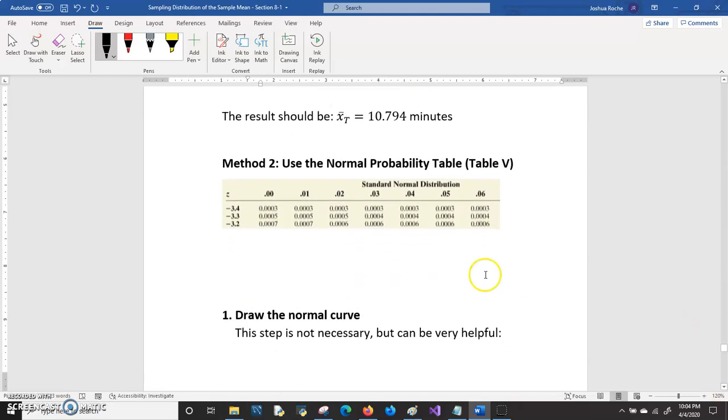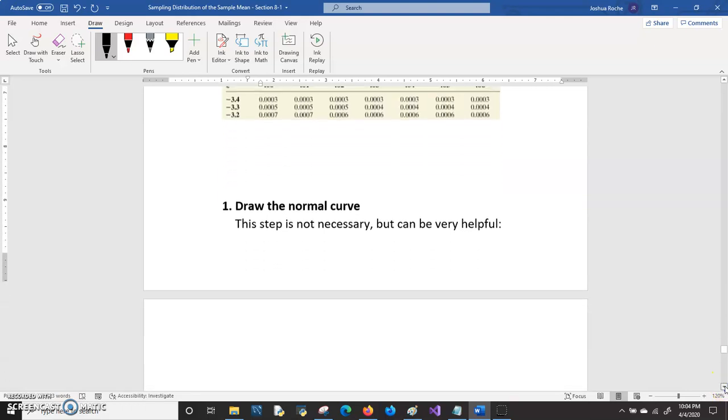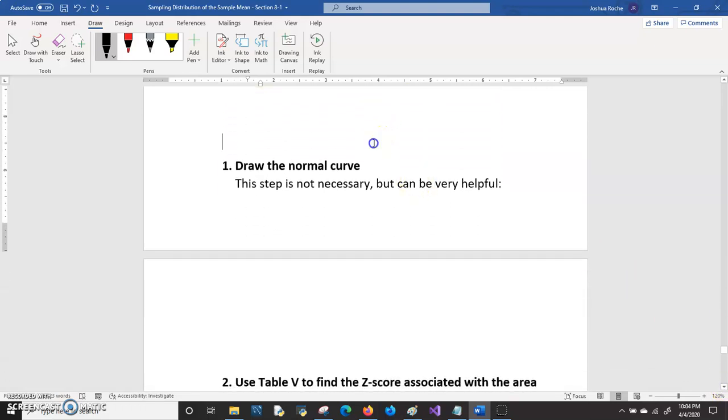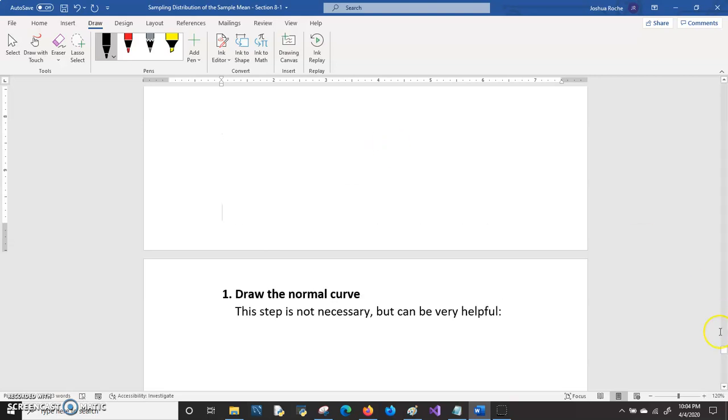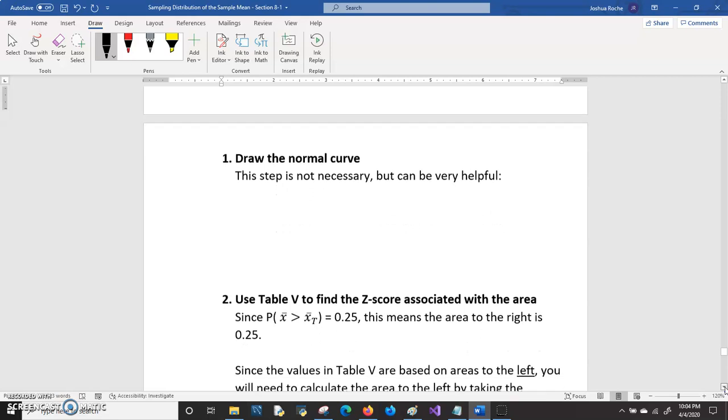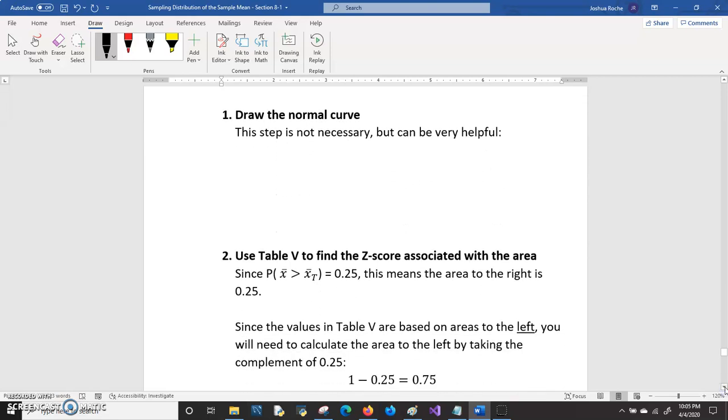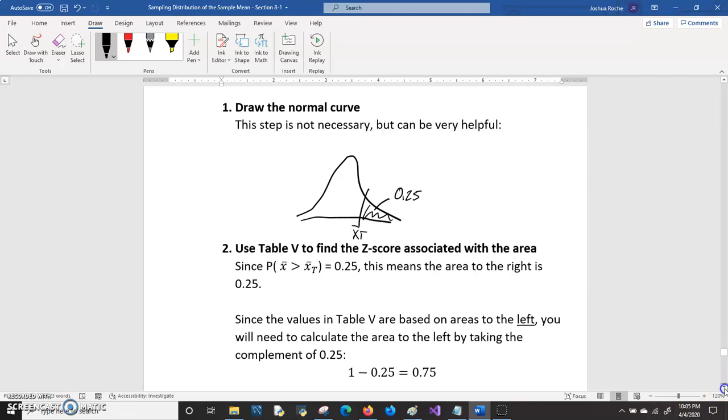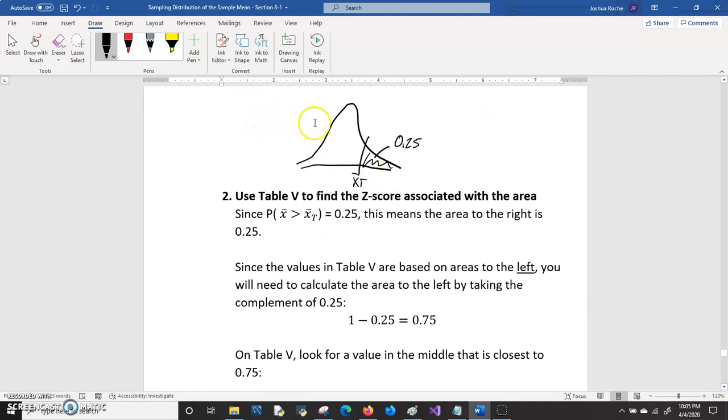The other way that you could do this is by using a table. The first step, as always, is to draw out that normal curve. When you use the table, it is also based on the area to the left.